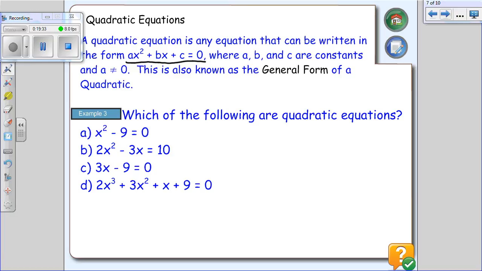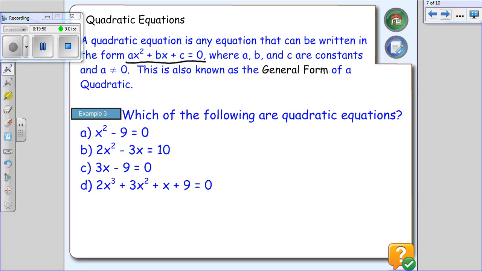Which of the following are quadratic equations? Is A going to be a quadratic equation? Yes, it is. Good question. If we look at this form right here, the only things that you need is a not 0. Is a 0? No, it's 1. What's our b value? 0.